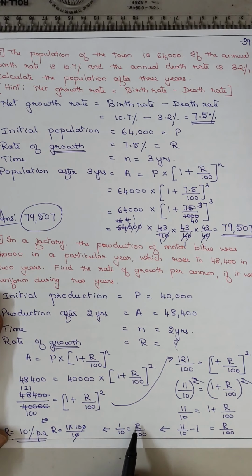So r will be how much? 1 into 100 upon 10, cross multiply, isn't it? Zero, zero get cancelled. So r is equal to 10%. So rate of interest, that is why rate of increase. So you have to write the 10% per annum.